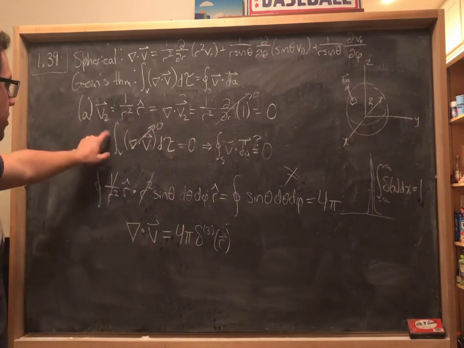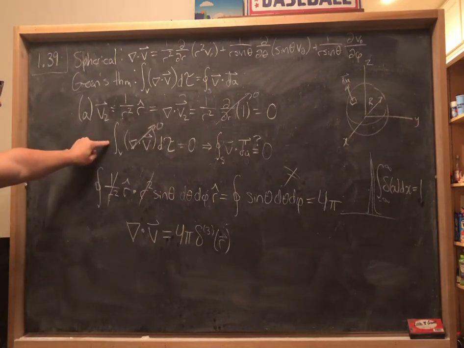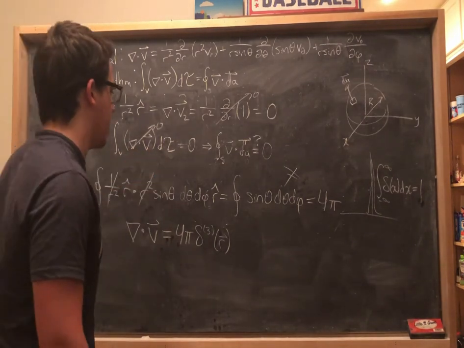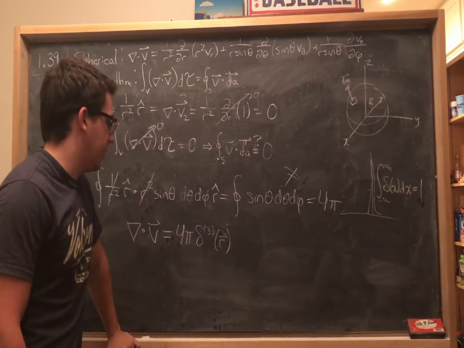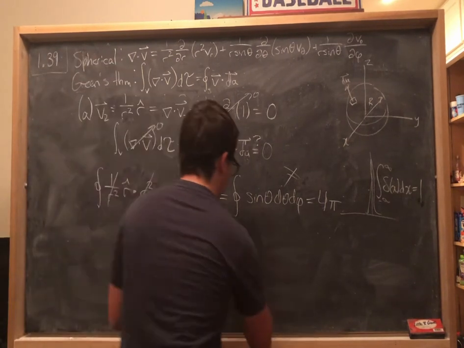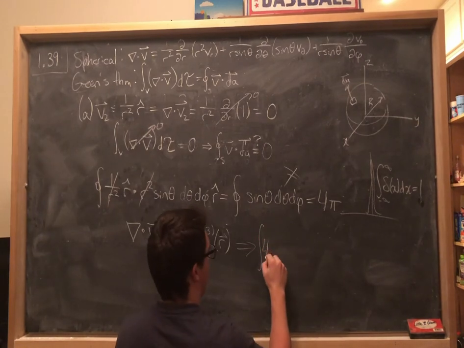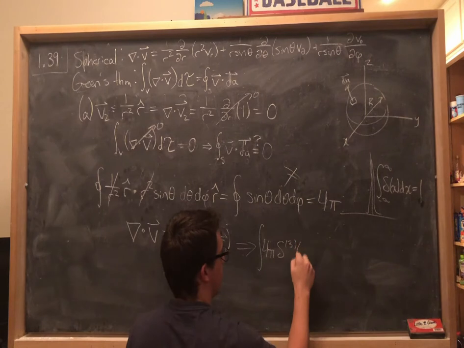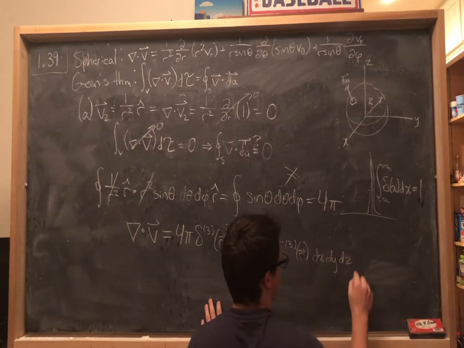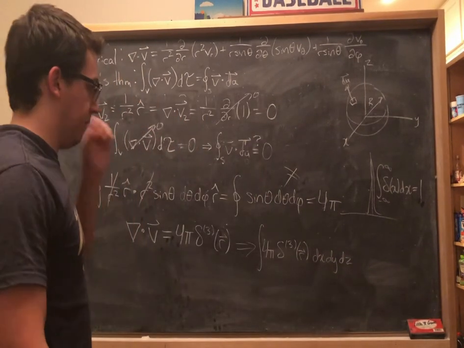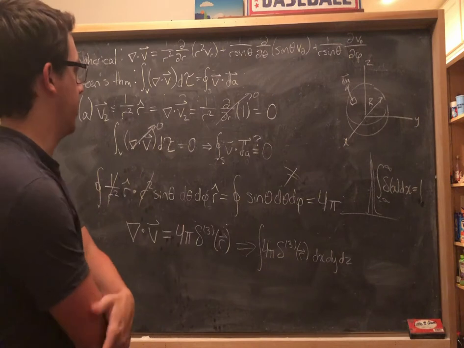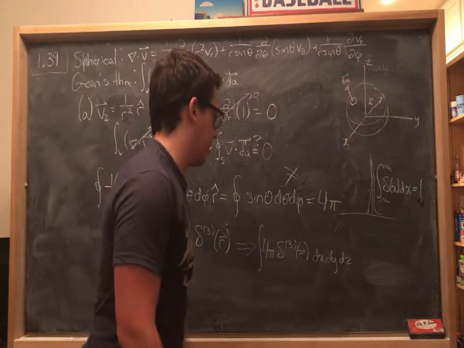And that way, if we look back at this first problem here, this divergence d tau, then we can see that if we integrate this over all space, 4 pi delta 3 dx dy dz, that way, and regardless of our coordinate system, this will integrate to 1.